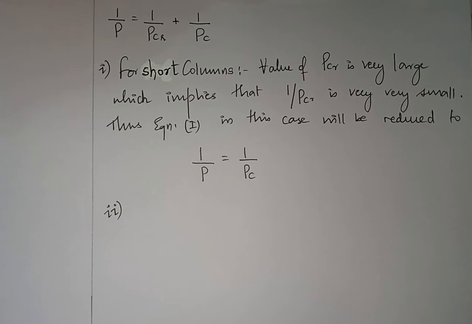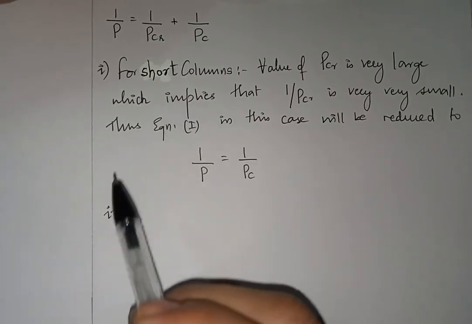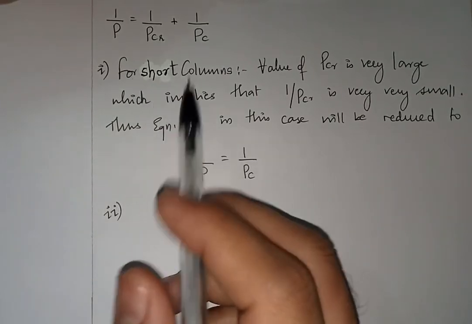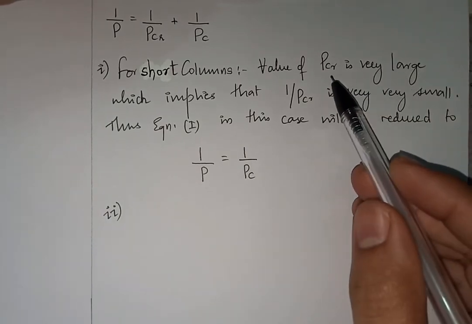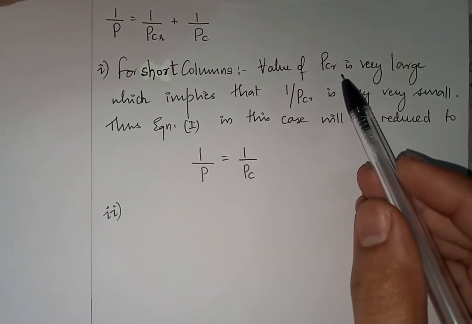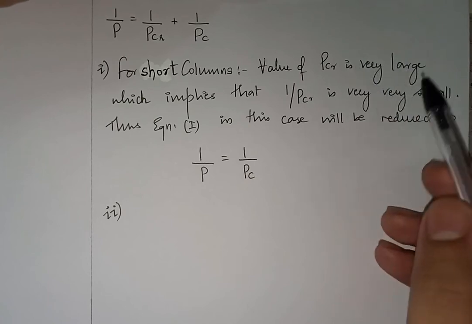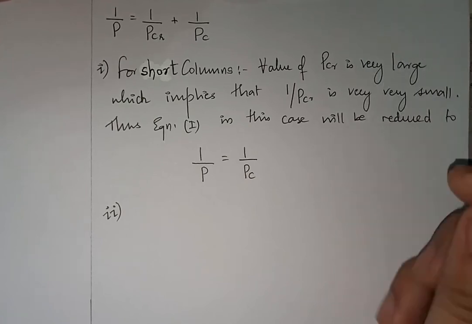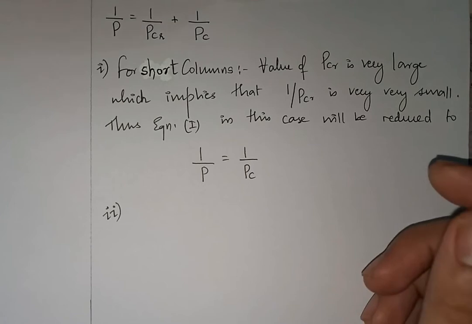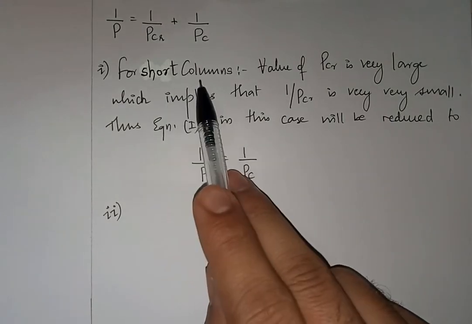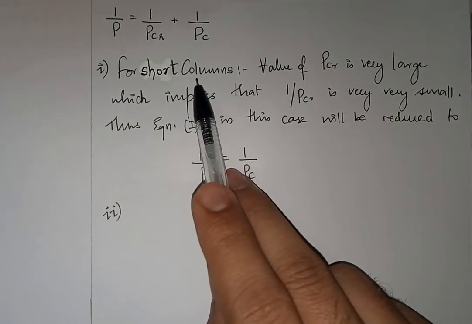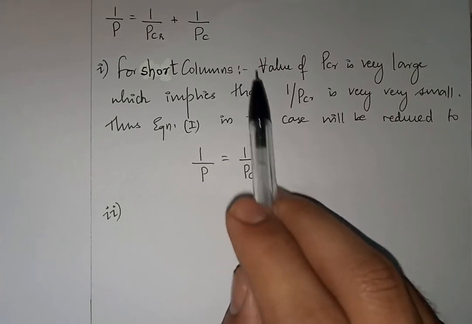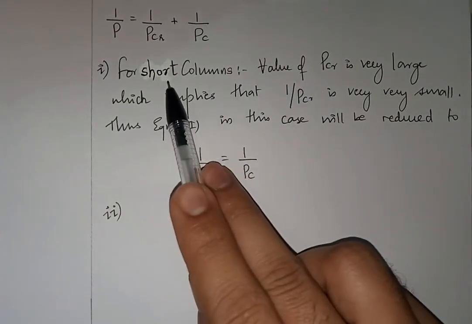Okay, next there is a small correction, pardon for that. So this is for short columns because I am taking the crushing load. Crushing load is nothing but the direct compression. Direct compression will be large for short columns, right? Because that is the main criteria of failing in short columns. So I had committed a mistake, sorry for that.